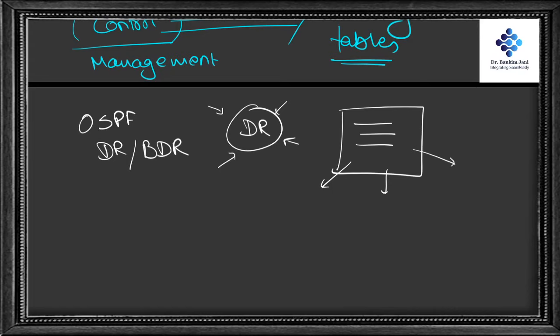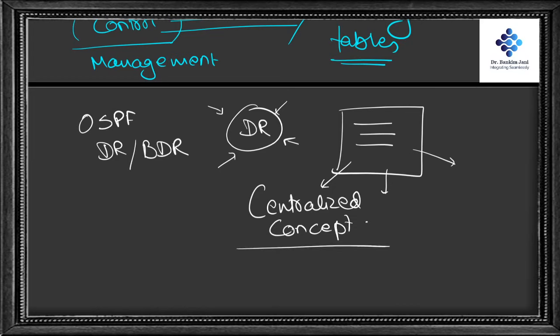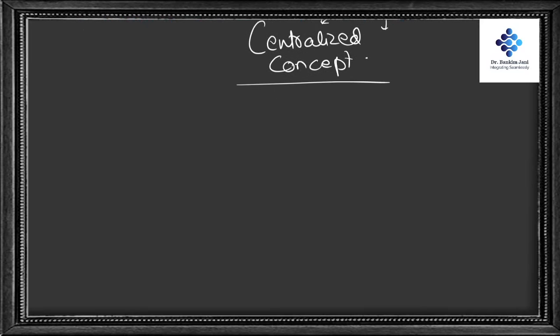In case DR was failing, then BDR would take over. But in any case, this is something like a centralized concept. Say in the case of static routing, everyone is calculating. But when we are talking about, say, OSPF or other routing protocols, things are centralized. Over here, it is getting centralized at an even better level.